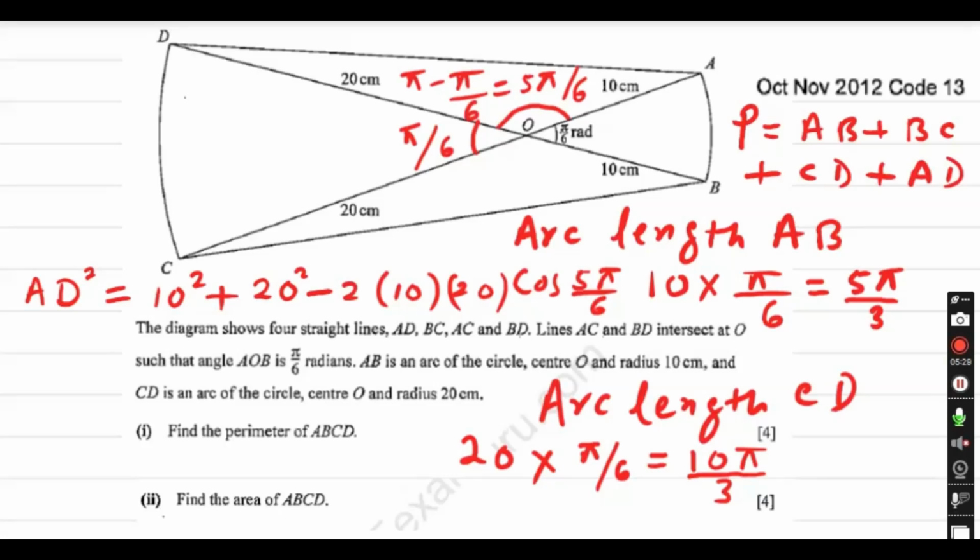So AD square is, use calculator, and your calculator must be in radian mode, 846.41.